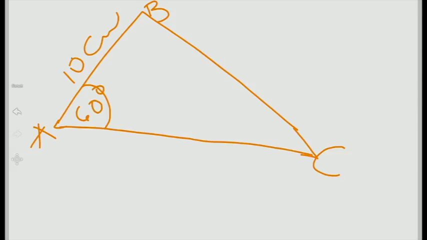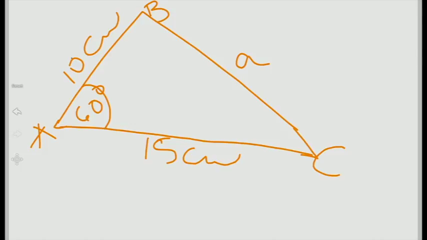Side AB is 10 centimeters and side AC is 15 centimeters. We want to calculate the missing angles and sides of the triangle. We do not have side BC, we do not have angle B, we do not have angle C. So now what are we going to do?